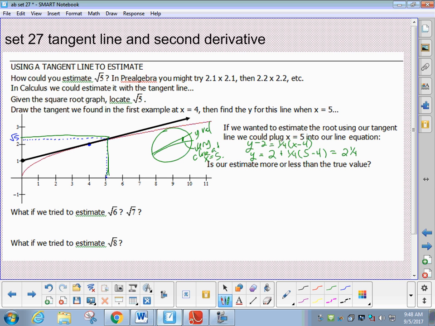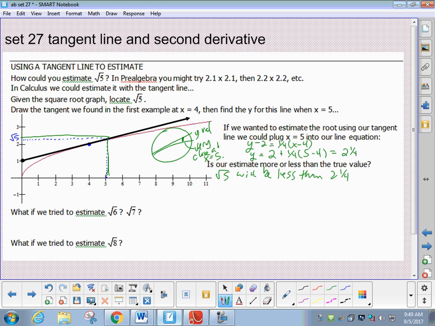Without using your calculator, is our estimate above or below the true square root of 5? When you punch in the square root of 5 in a second, will you expect it to be less than 2 1/4 or more? Look visually. Think graphically. Less. Why would the estimate be less? The square root of 5 will be less than 2 1/4.